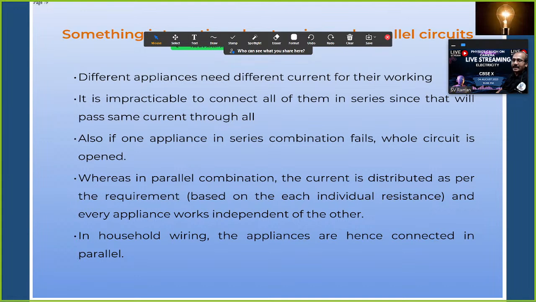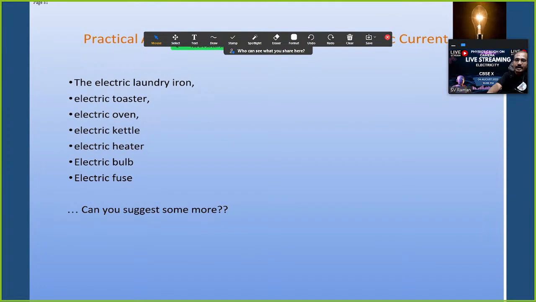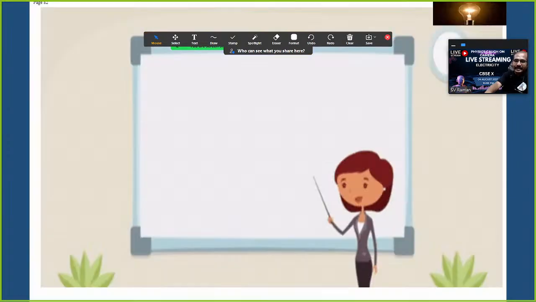Whereas in parallel combination, the current is distributed as per the requirement and every appliance works independently of the other. In house wiring, these appliances are hence connected in parallel. So these are all the practical applications of heat energy.